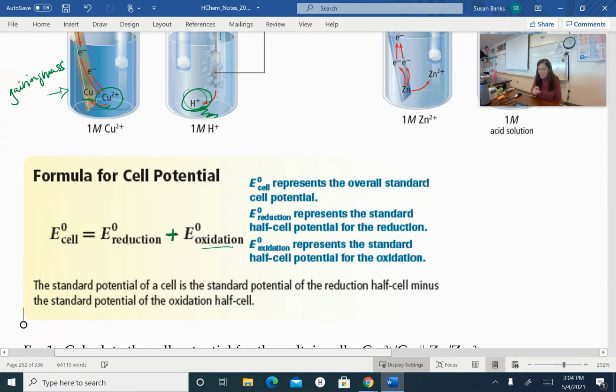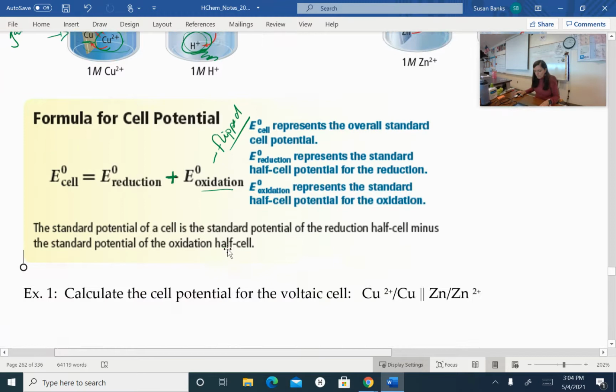So you're actually adding them together. Okay? So remember that the one that is oxidized needs to have a flipped value. I think they put the negative in there because a lot of people don't flip the value, but I always like to flip the values because it helps us balance the equation.